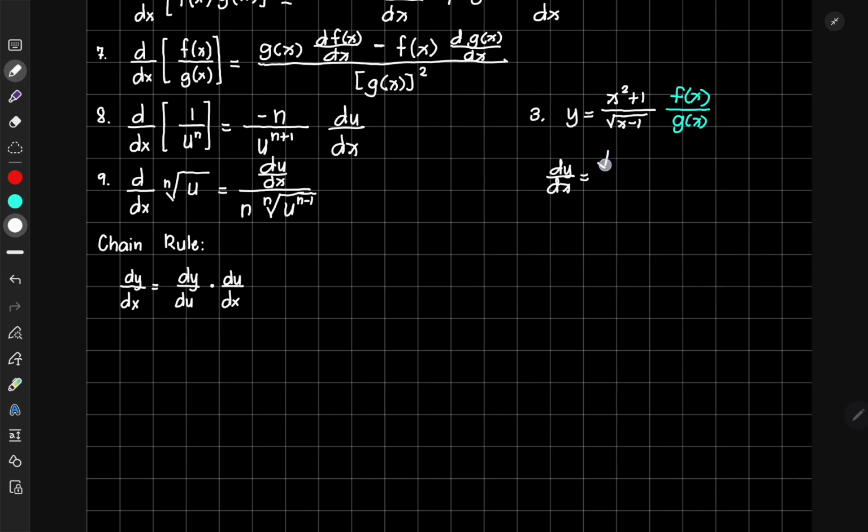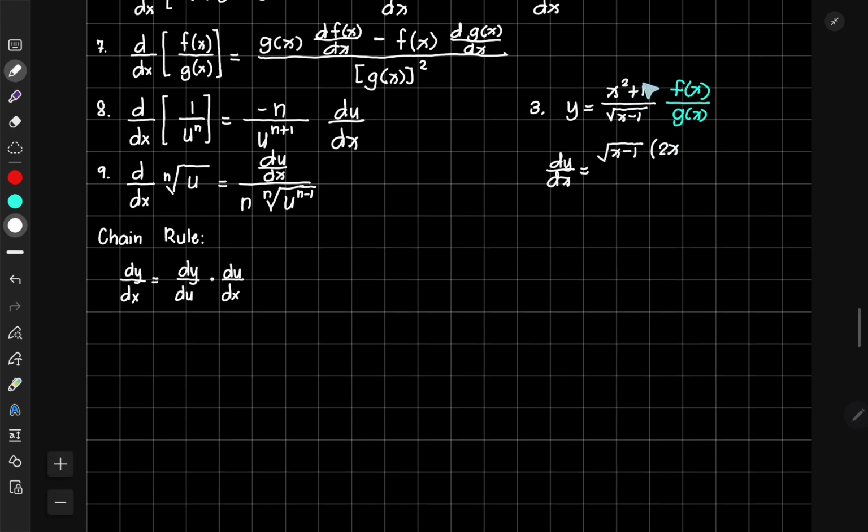So, we have the square root of x minus 1. Then, we get the derivative. So, multiplied by the derivative of our numerator na x squared plus 1. So, this is 2x. So, power rule lang yung gamit. So, 2 minus 1, kaya 1 lang yan. And then, derivative of 1 is 0. So, ganyan lang siya. Then, minus, copy lang naman yung numerator, which is x squared plus 1.